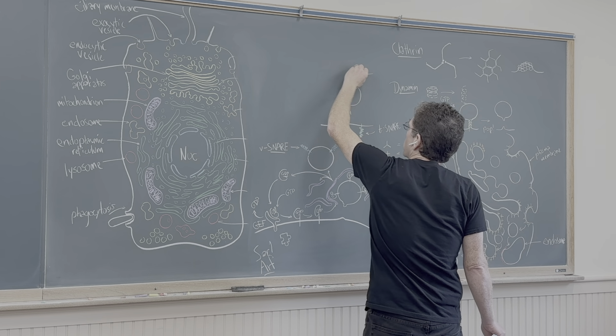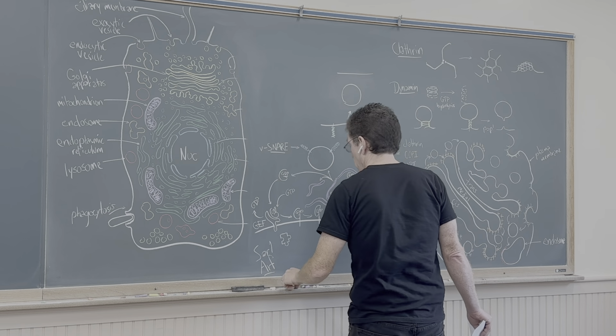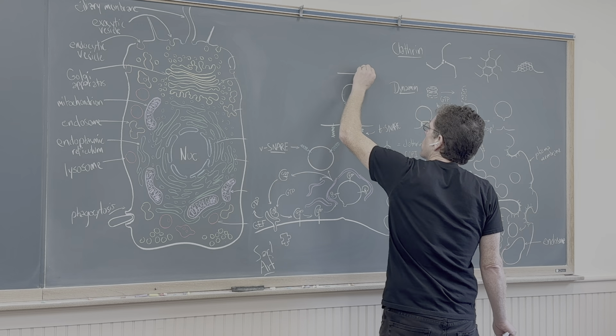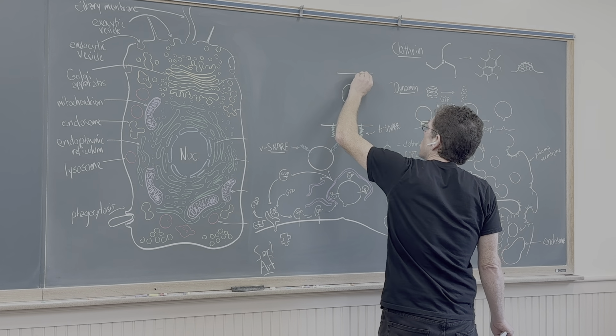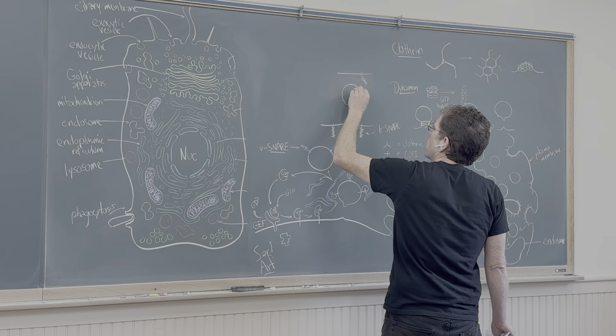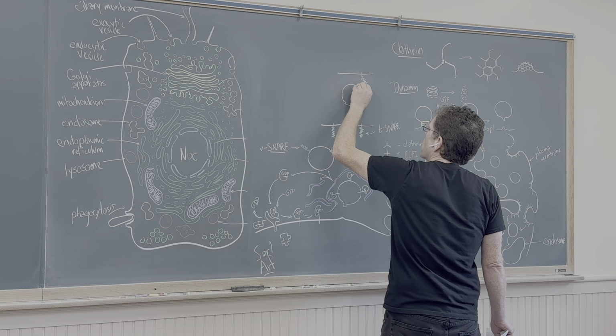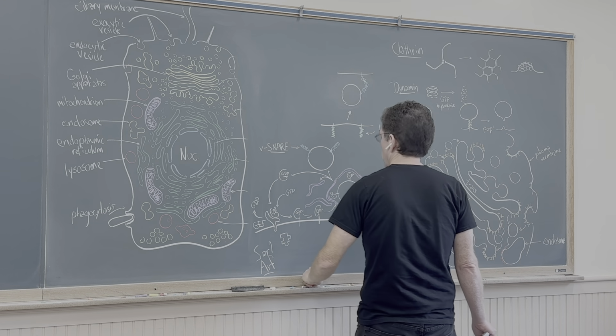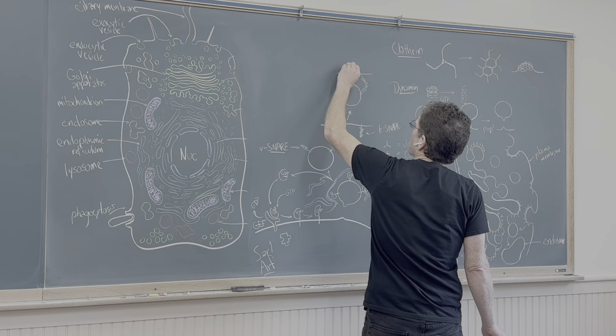The vesicle and the target membrane, if they approach each other, mate recognition between the V snare and the T snare initiates entwinement.